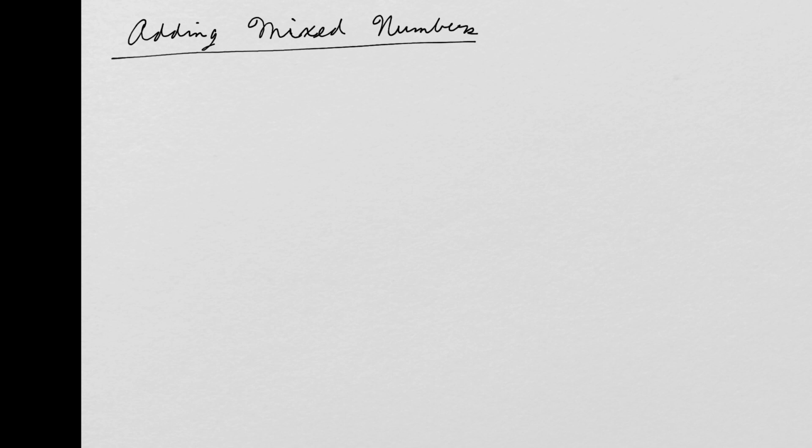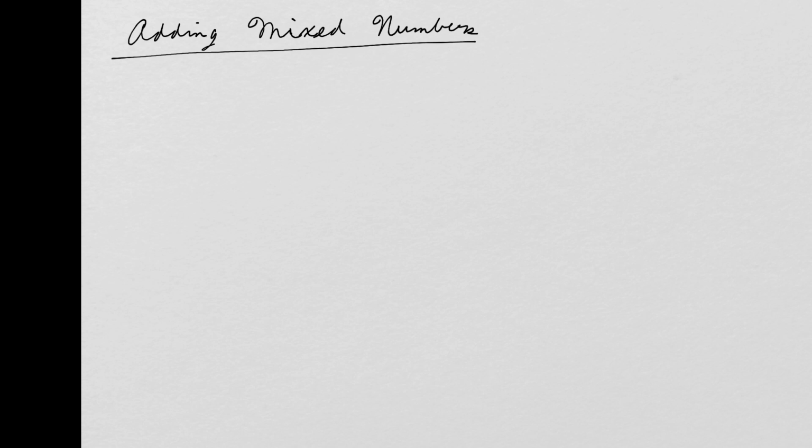One way of doing this is working with the numbers as mixed numbers. Another way is converting them to improper fractions, adding or subtracting them as improper fractions, and then converting back to mixed numbers. Either way is fine. I will show you both ways how to do this, okay?